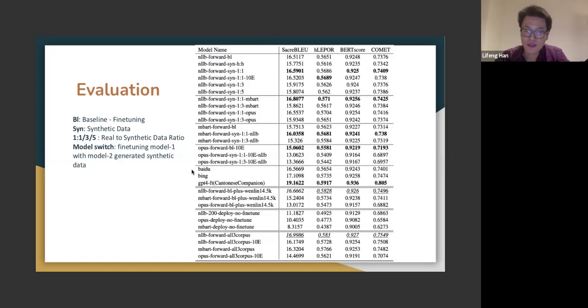We also added comparisons to commercial translators, including Baidu from China, Bing from Microsoft, and the GPT-4 fine-tuned version, which is called the Cantonese Companion by community researchers, community fine-tuned.